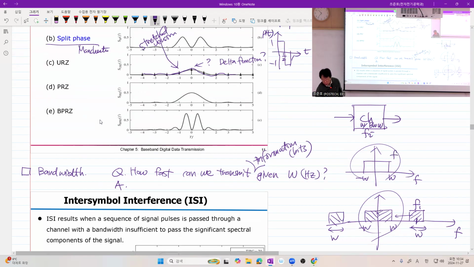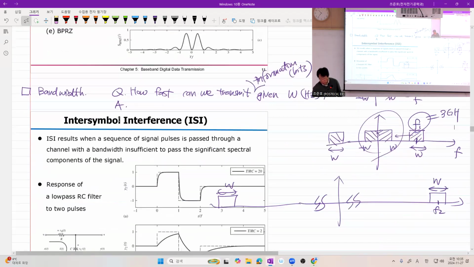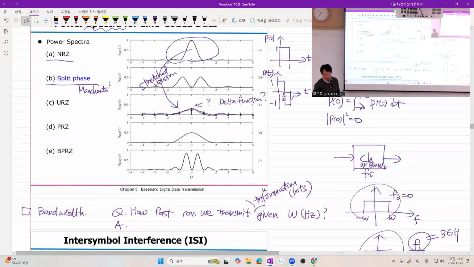So here F0 equals 0, F1 equals, for example, 3 gigahertz, and here F2 equals 30 gigahertz. As long as these channels' frequency responses are flat, or shifted versions, they are the same channels, mathematically.